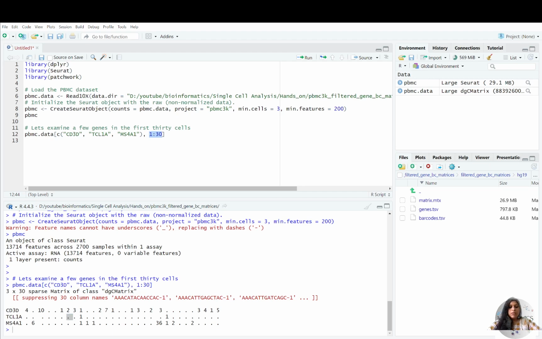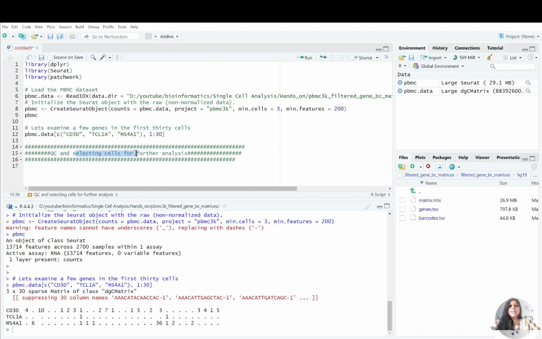Next, now that we have seen our data, we'll be moving further with some quality checking and selecting the cells. Which cells we'll be selecting for our further downstream analysis.